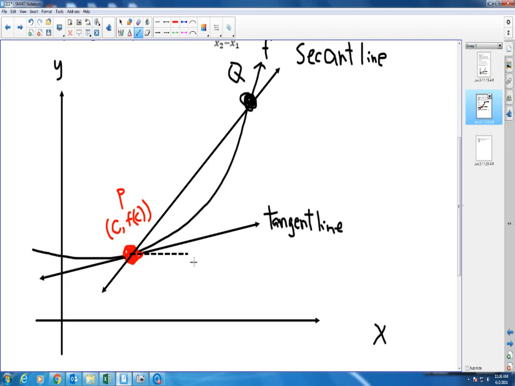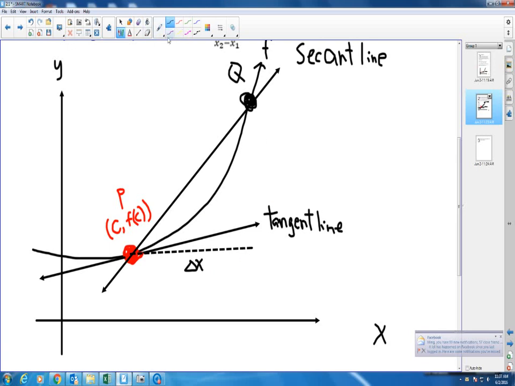From this x value to the x value of Q, this distance is called the change of displacement, or we call it delta x. And the difference between the y value of point Q and the y value of point P will be the change in y, or change in altitude, or delta y.